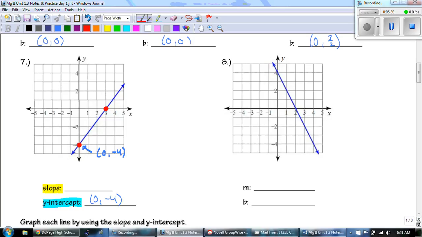And I know that this graph is rising from left to right. And now all I have to do is figure out how do I get from one point to the next. So I would go up 4, and then I go right 1, 2, 3, which tells me that my slope is 4/3.